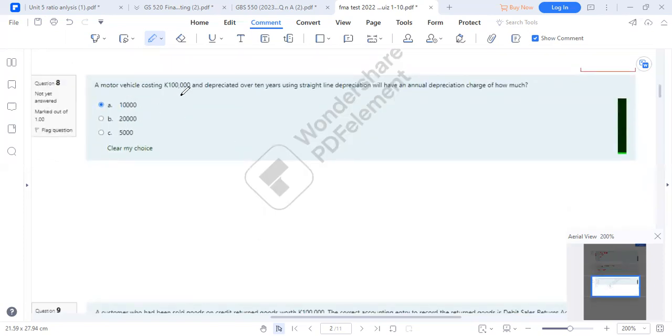The motor vehicle costing 100,000 has depreciated over 10 years using a straight line method. Okay, so the cost is 100,000, and using a straight line method, what is the annual depreciation? So straight line method is simply equal to the cost minus what? The residual value divided by the time.